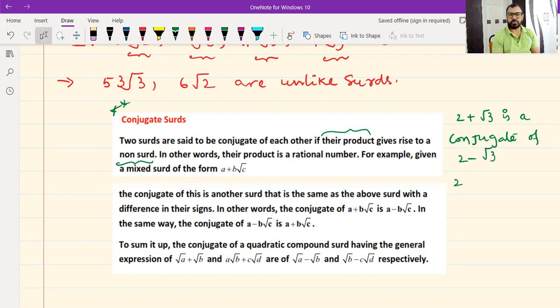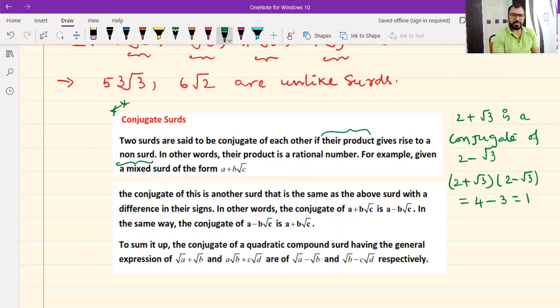Because 2 plus root 3 into 2 minus root 3 gives 4 minus 3, which is equal to 1, right? So two surds are said to be conjugate of each other if the product gives rise to a non-surd. In other words, the product is a rational number.